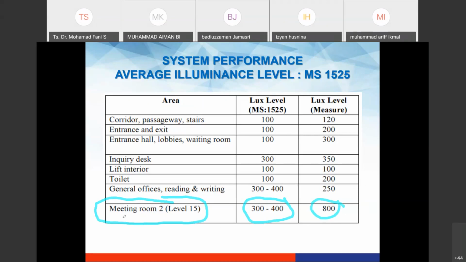So something is wrong with the arrangement of the lighting in meeting room 2. We must do something, and as the auditor, we must suggest a solution on how to reduce this lux level, or we can suggest delamping, which means reducing the number of lamps in the room.